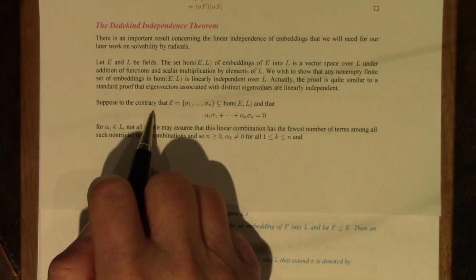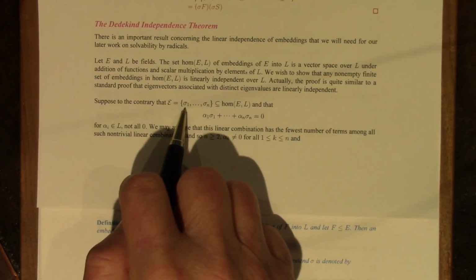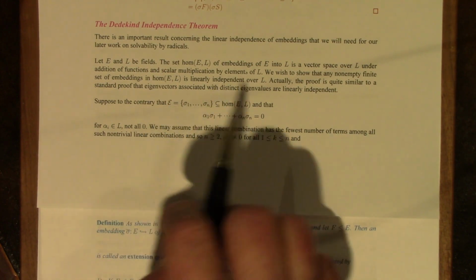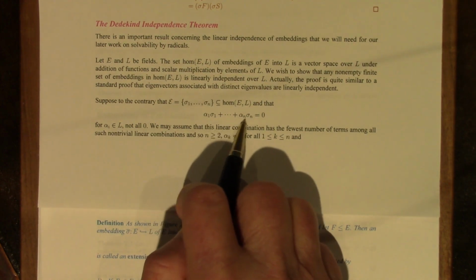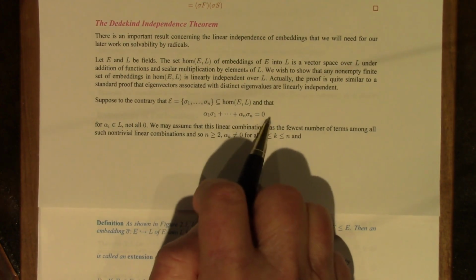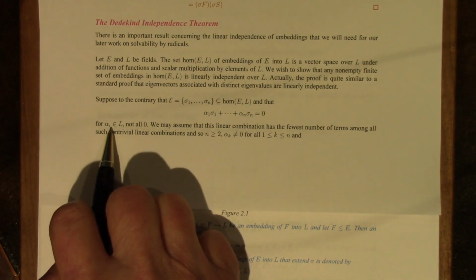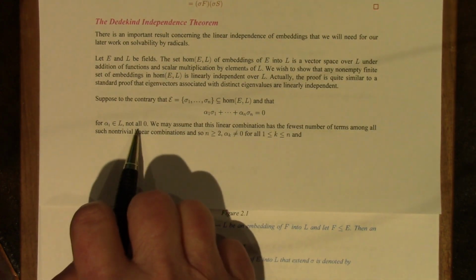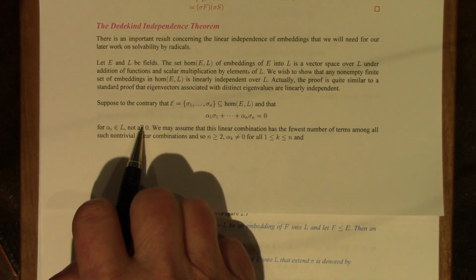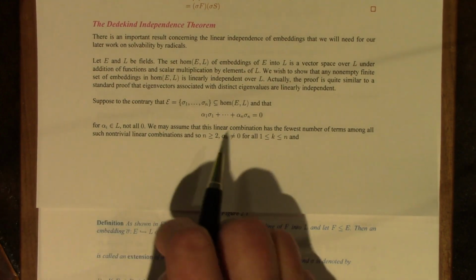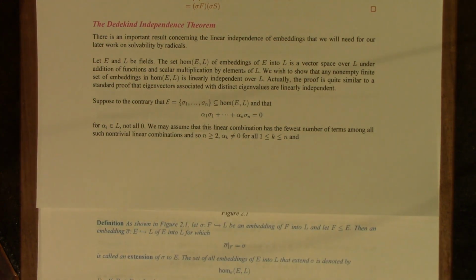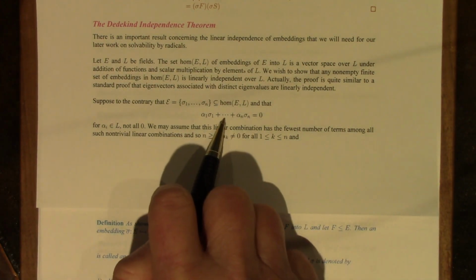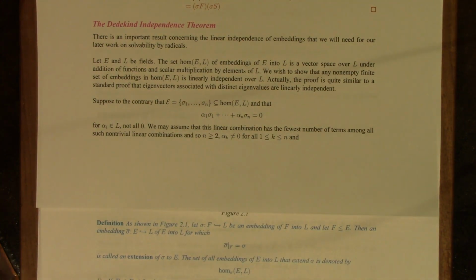So suppose to the contrary that we have a set, script E, sigma 1 through sigma n, of embeddings from E to L, and that there is a non-trivial linear combination that's equal to 0. So the coefficients alpha i belong to L, but they're not all 0. We want a contradiction. We can assume that this linear combination has the fewest number of terms among all such non-trivial linear combinations that are equal to 0.